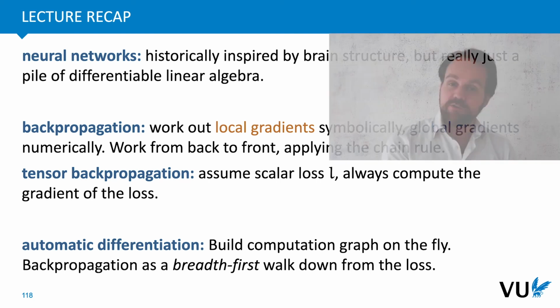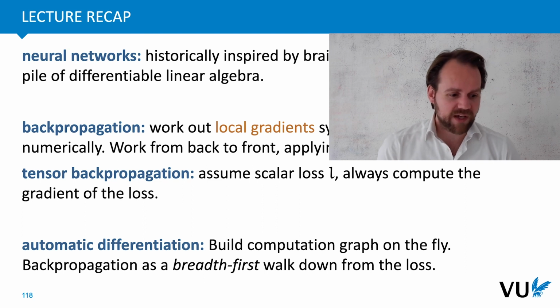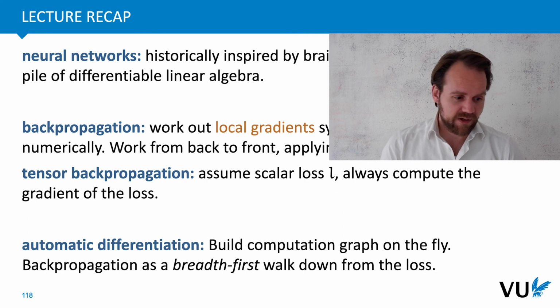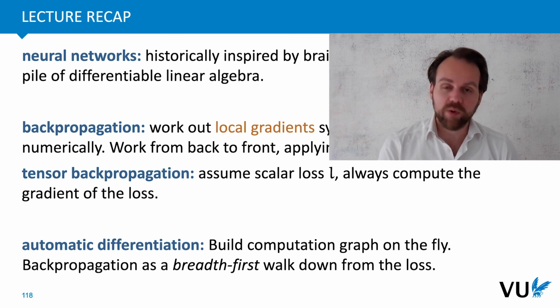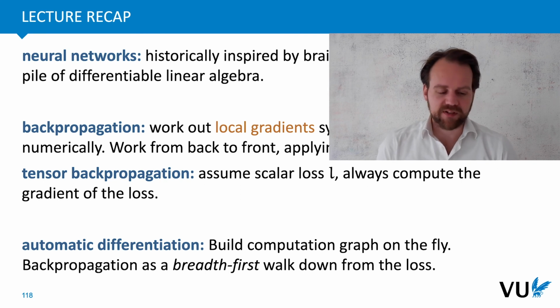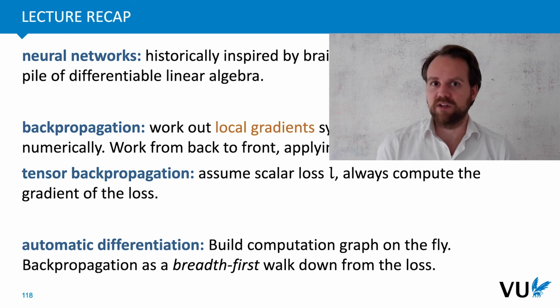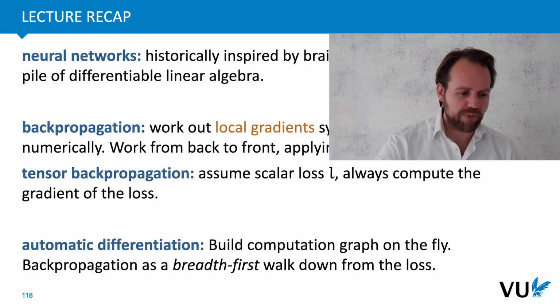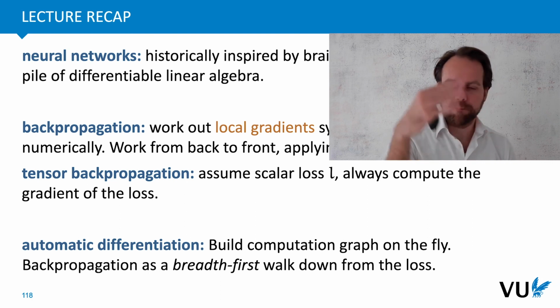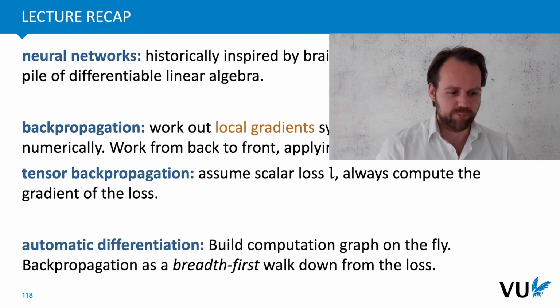We looked at how to vectorize this into what we call tensor backpropagation, and used 2 important assumptions to be able to do so. We assume that there's a scalar loss, and we are always computing the gradient of the loss. And then finally, we looked at some methods for purely automatic differentiation, where the computer maintains the computation graph for us so that it can do backpropagation by walking backwards through this computation graph, breadth first.